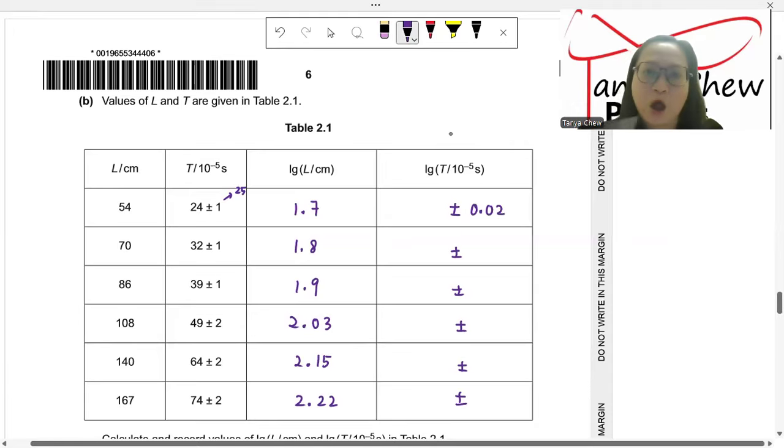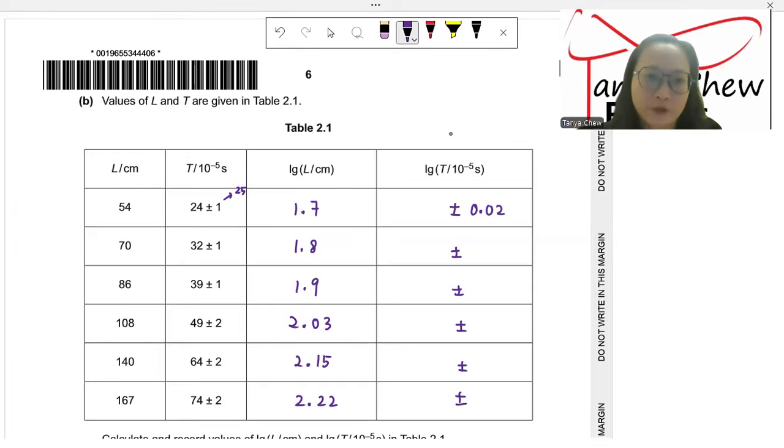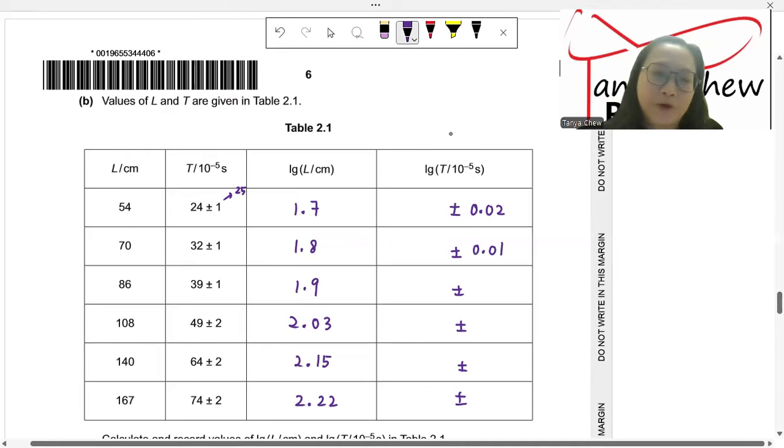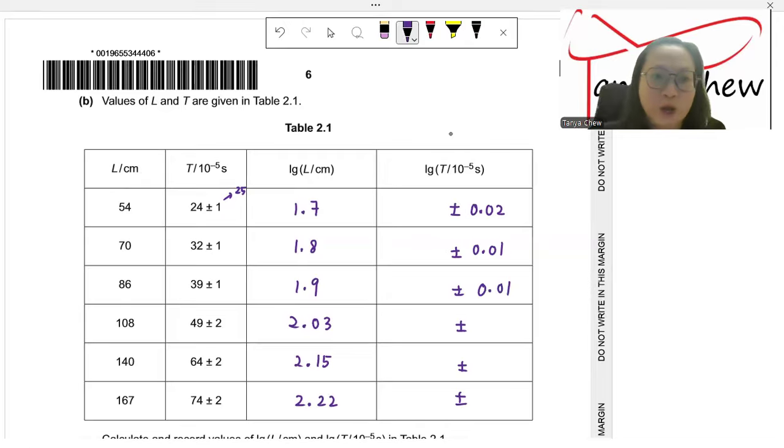I would like to put it in terms of one significant figure. The second one, log 33 minus log 32, I got 0.01. Third, log 40 minus log 39, I got 0.01. The fourth is 49 plus minus 2, so it is log of 49 plus 2, which is log 51. So you take log 51 minus log 49.